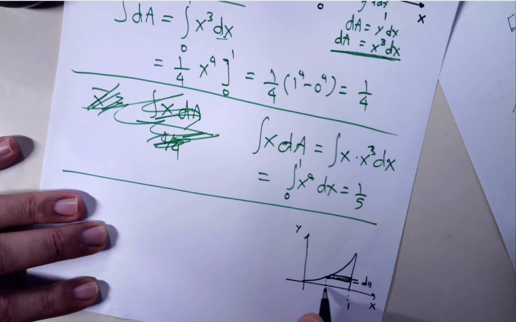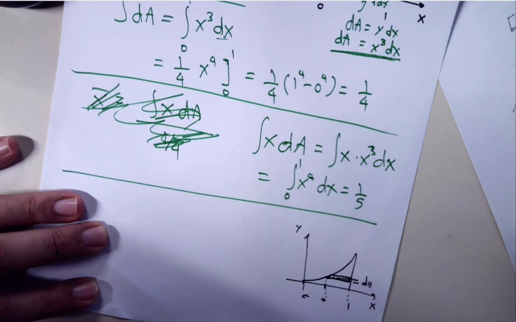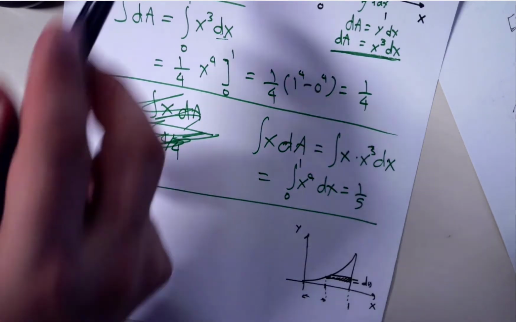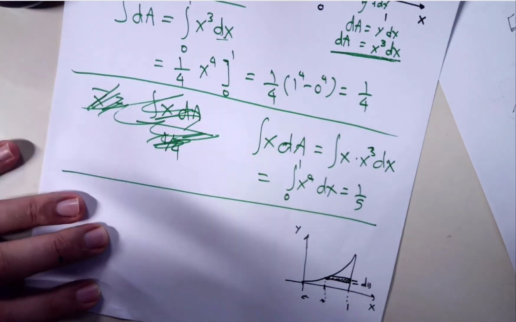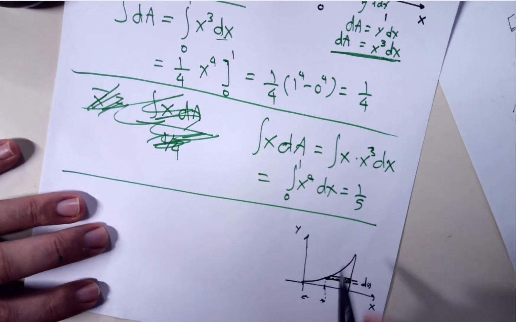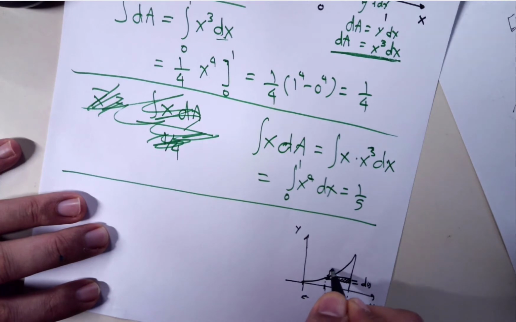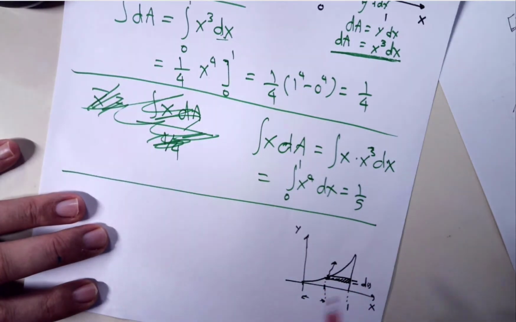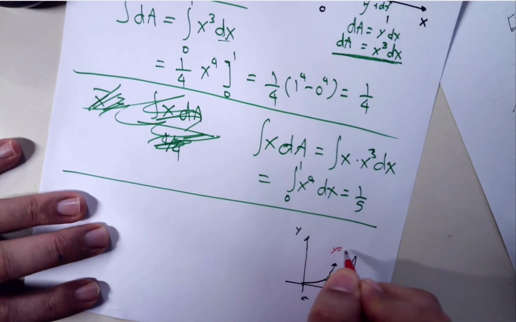From here to here, this magnitude must also be written in y, because I'm looking at integration multiplied with y and differential with y. So what is it? A point over here, I'm going to use a different color. Point over here, y equals x cubed, right?